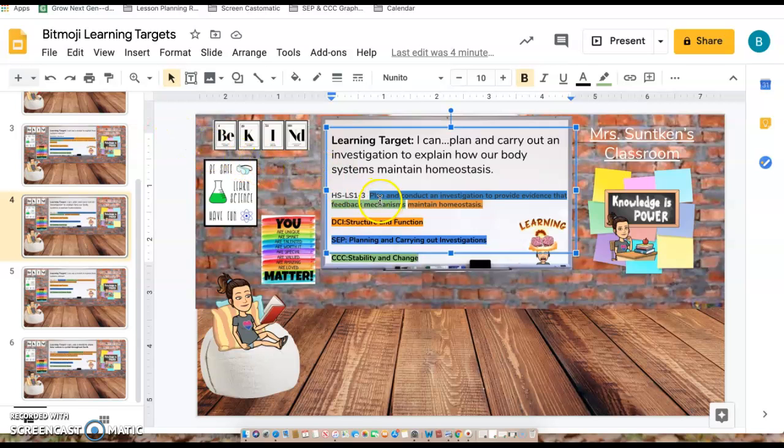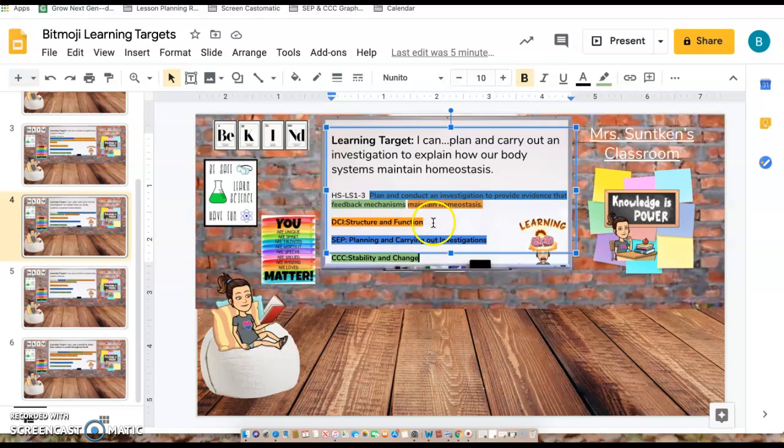For our highlighting, I want you to write this standard in your notebook after you write the learning target. In blue, for our science and engineering practice, we're going to highlight plan and conduct an investigation to provide evidence that. That's our SEP. Then we're going to highlight in green feedback mechanisms. That's going to be our cross-cutting concept, focusing on stability and change.